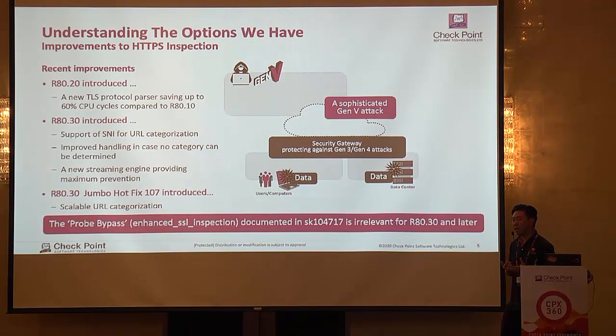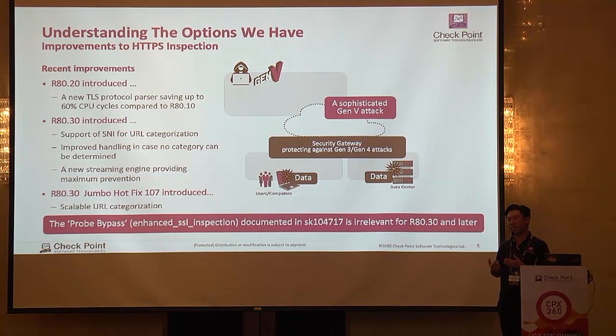But it's no longer relevant to R80.40 because we implemented a new way to eliminate the issue, where the first packet is dropped for some reason, like with long web browser applications. Even though we set the HTTPS inspection policy to bypass, we drop the packet. With port bypass, we overcame the issue.